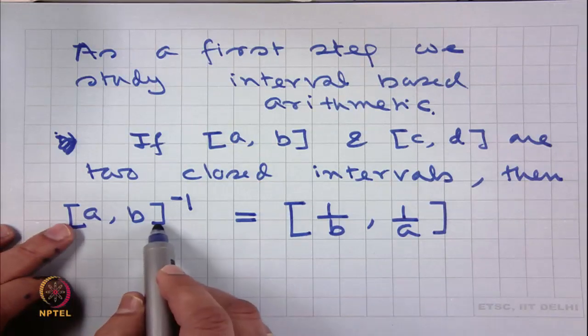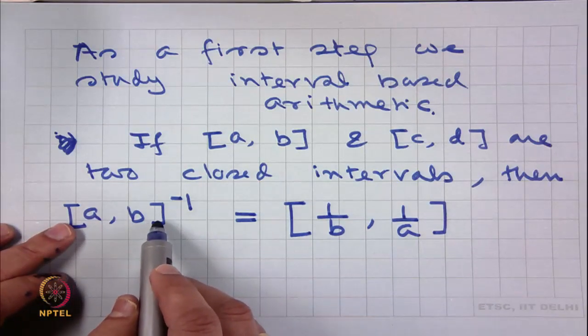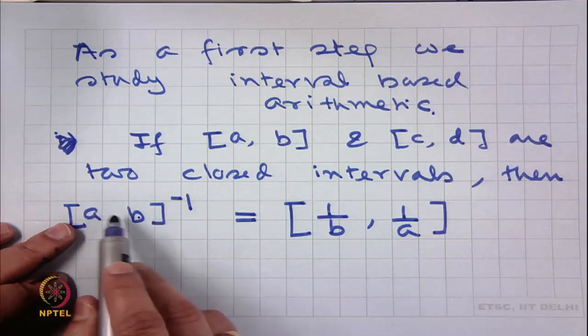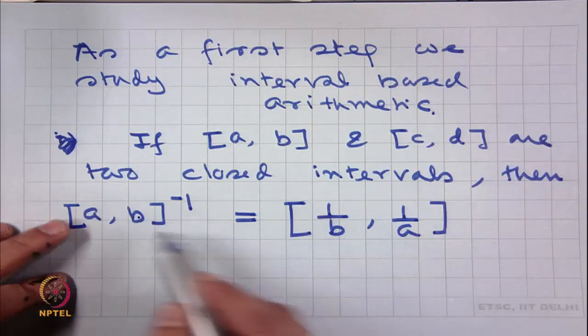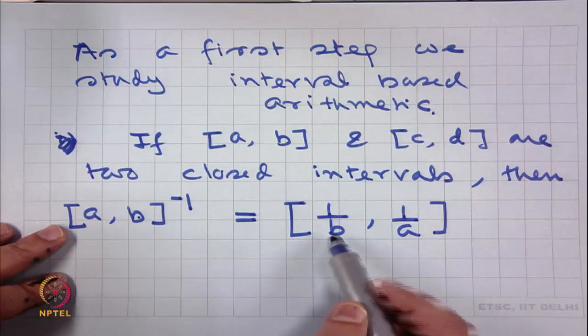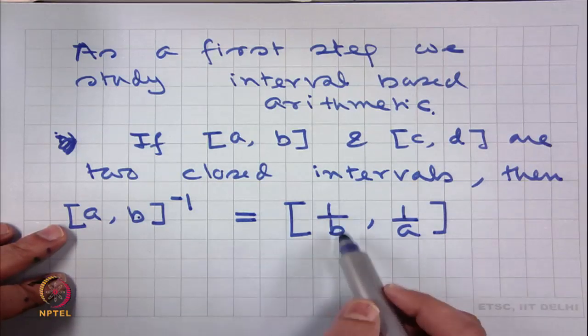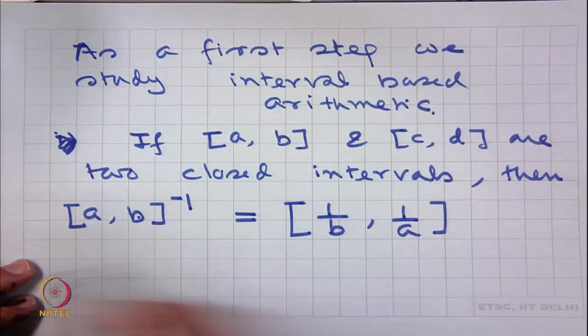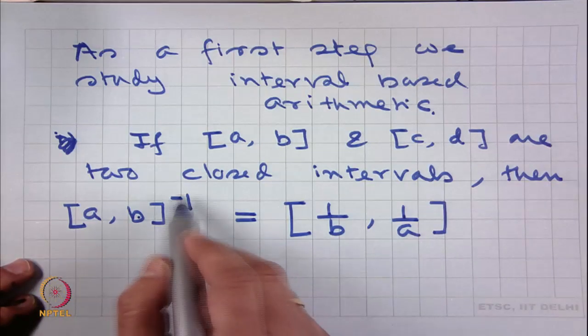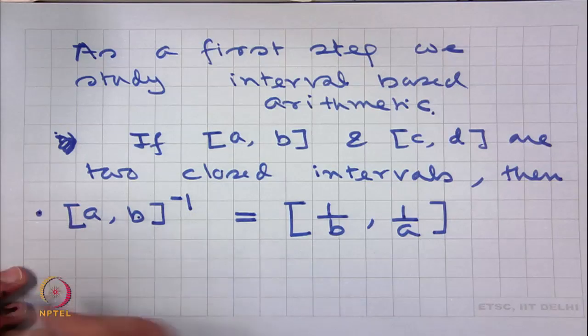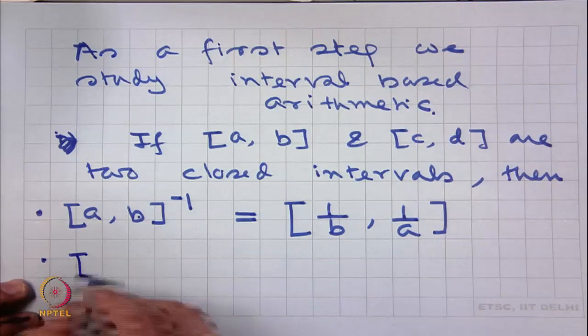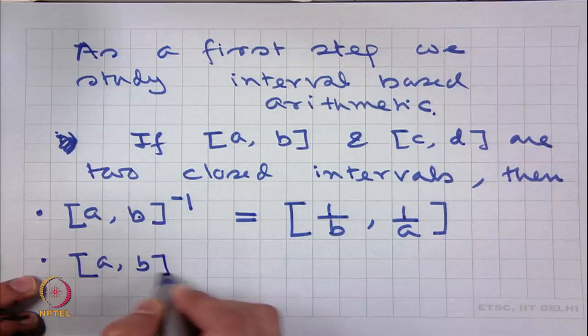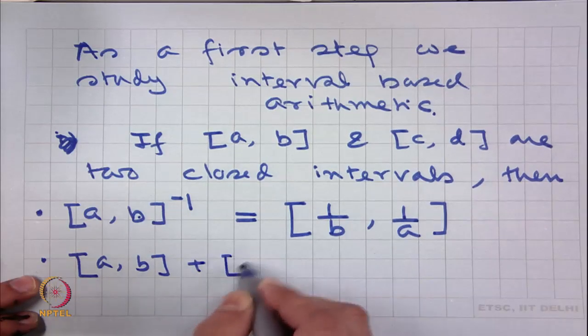Since in an interval b is greater than or equal to a, therefore, when we take their reciprocals, 1/b has to be smaller than 1/a, and therefore, this is going to be the corresponding interval for the reciprocal. What is [a, b] plus [c, d]?